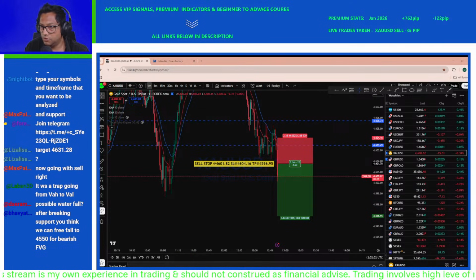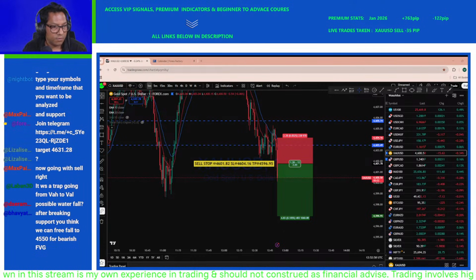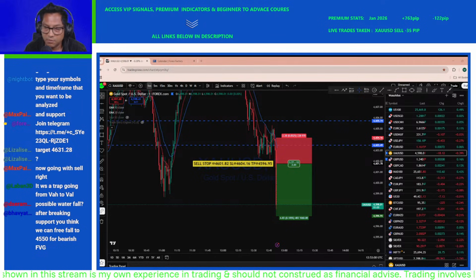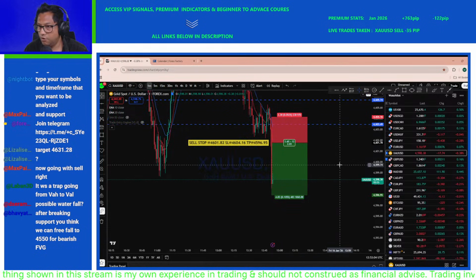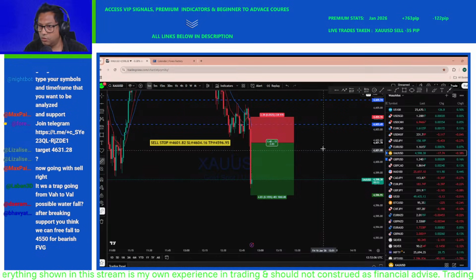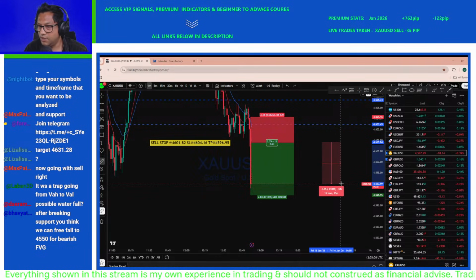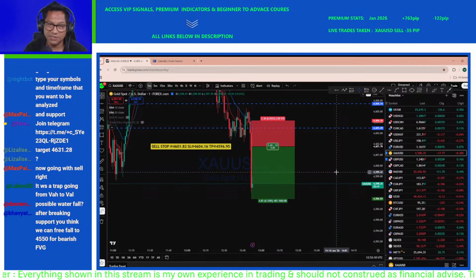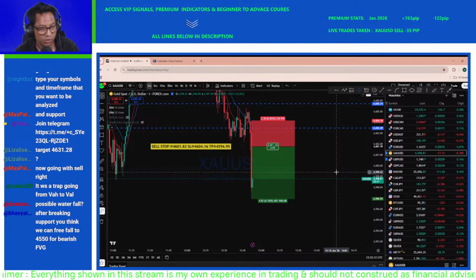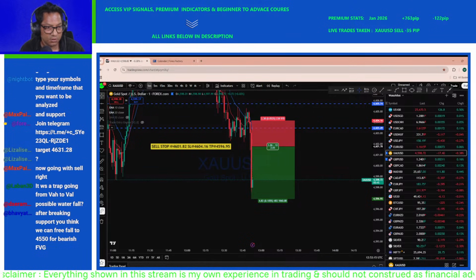It's a little bigger lot here, and I'm closing the profit now. It's a pretty big move. Okay, that trade alone got 40 pips, but this is a higher lot. It's important that we look at the lot.